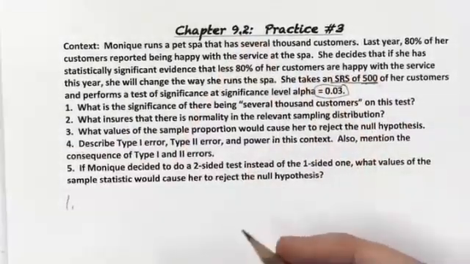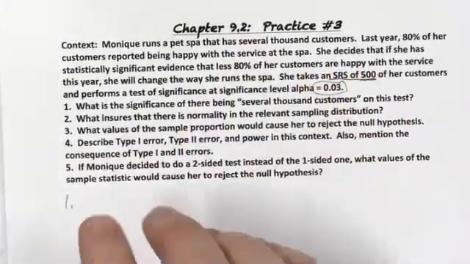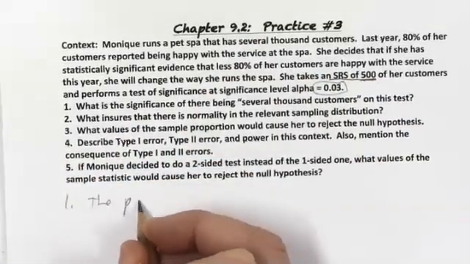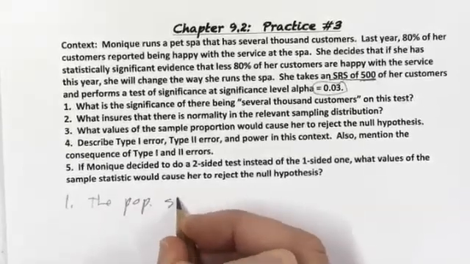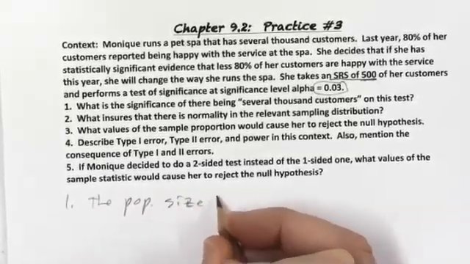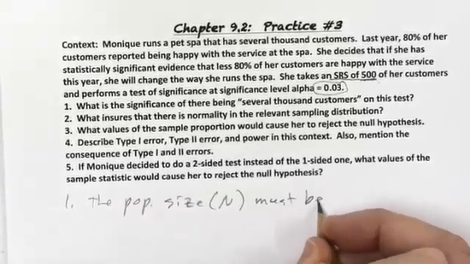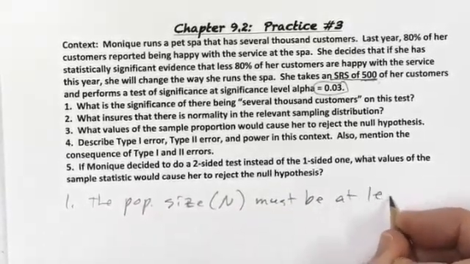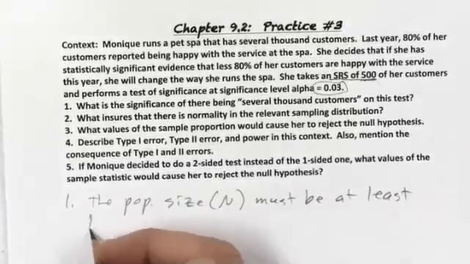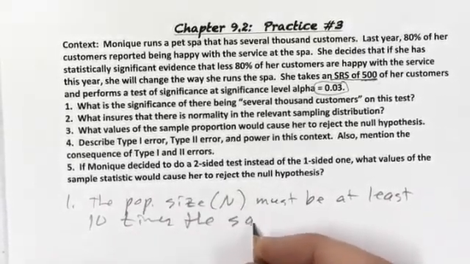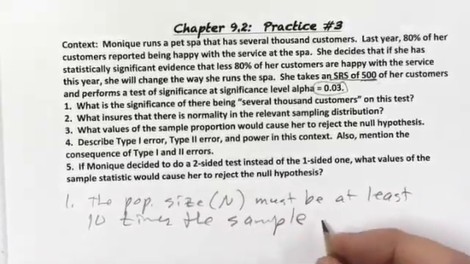And so you would say, all right, the significance of that is the population size, which is big N, must be at least 10 times the sample size, which is little n.